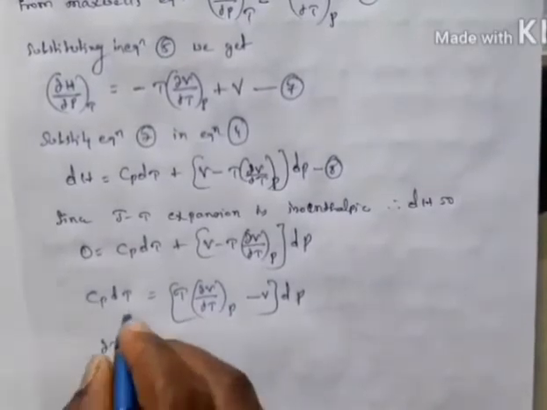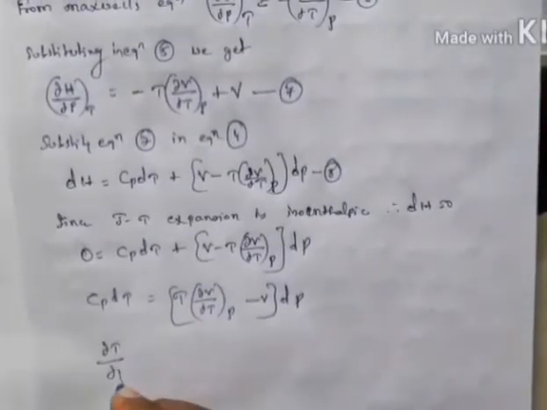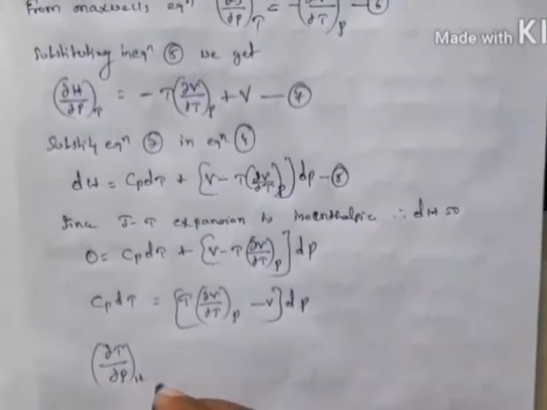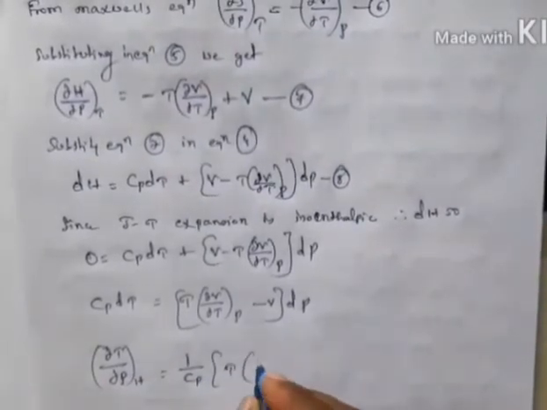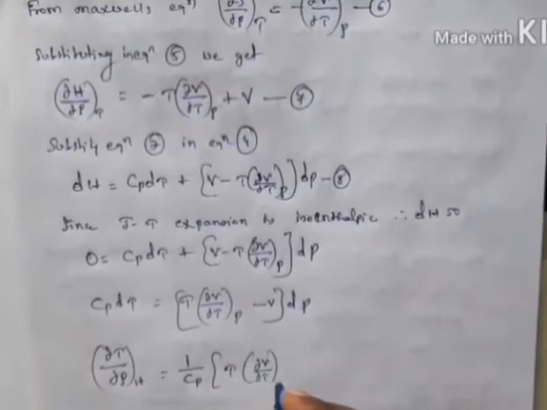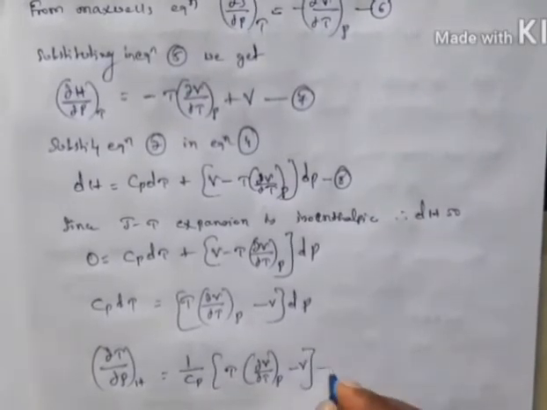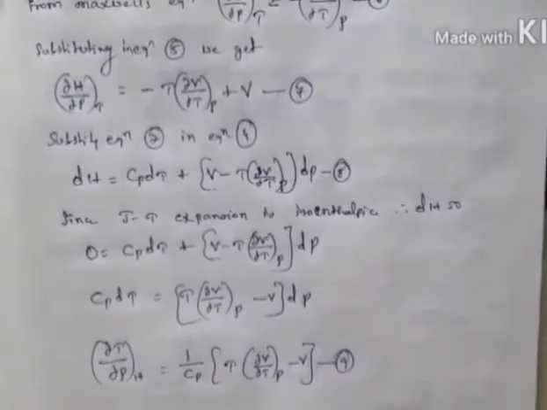Therefore, (∂T/∂P)_H is equal to 1/Cp [T (∂V/∂T)_P − V]. Let us consider this one as equation number 9.